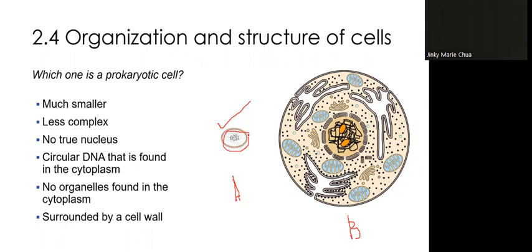Eukaryotic cells are larger and cannot pass nutrients as quickly, and they require specialized organelles to carry out metabolism, provide energy, and transport chemicals throughout the cell.